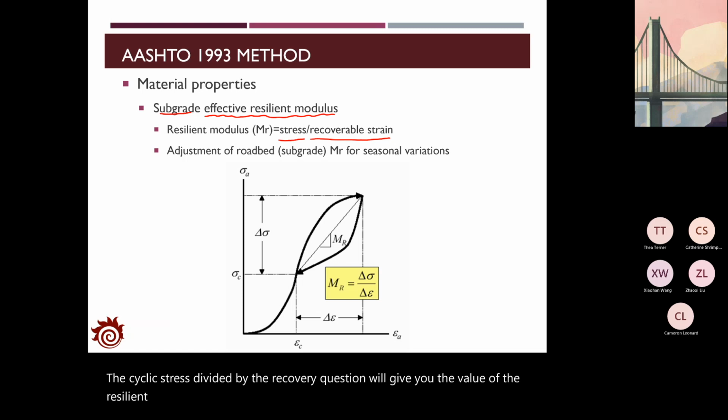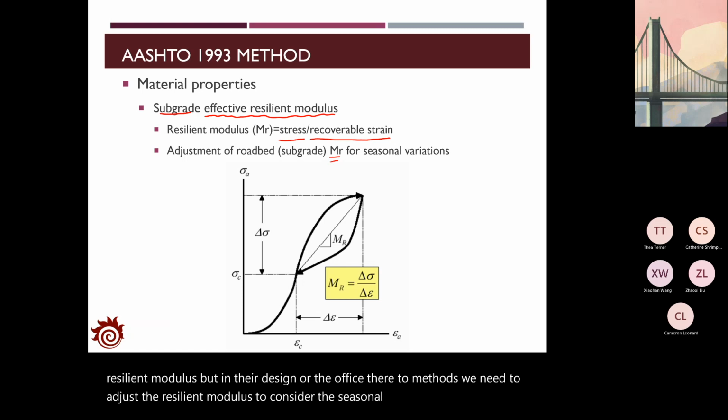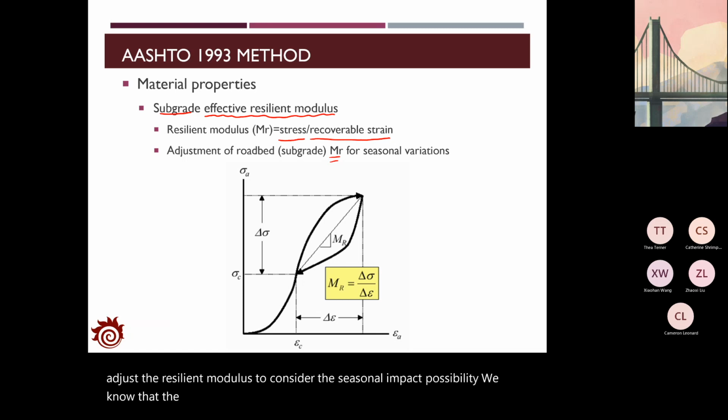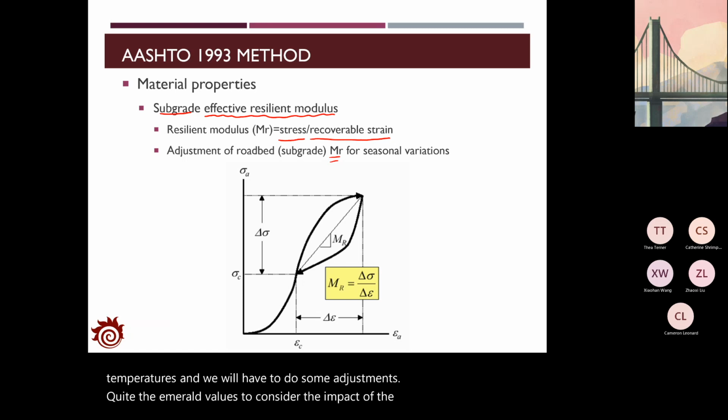But in the design with the AASHTO method, we need to adjust the resilient modulus to consider the seasonal impact, because we know that the MR is changing at different moisture contents and temperatures, and we have to do some adjustment for the MR values to consider the impact of the whole year to the pavement design.